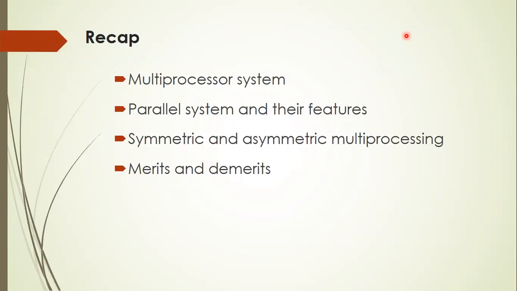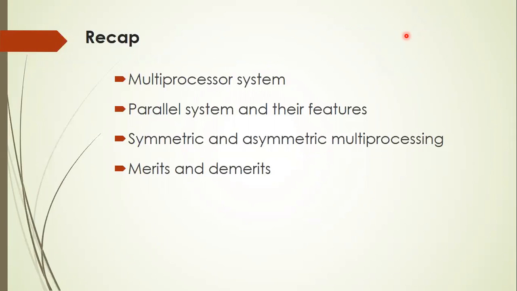And the two different types of parallel systems are symmetric multiprocessing and asymmetric multiprocessing. A symmetric multiprocessing is one where all the processors are similar. That means they work on the same or identical copy of the operating system. An asymmetric multiprocessing is one where the processors need not be the same.